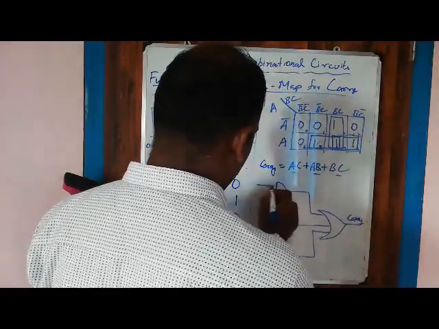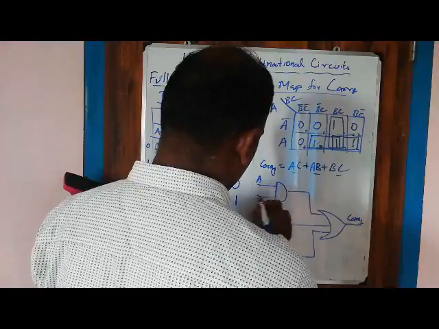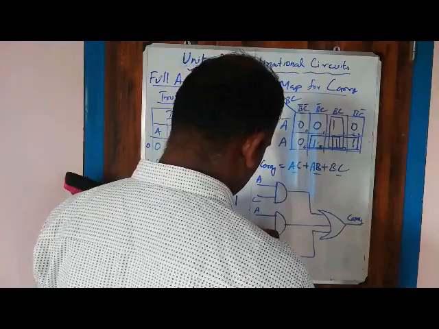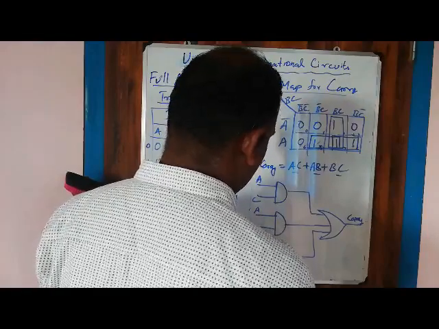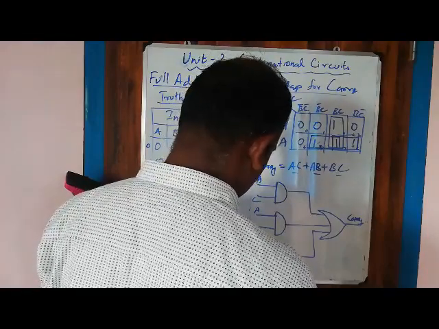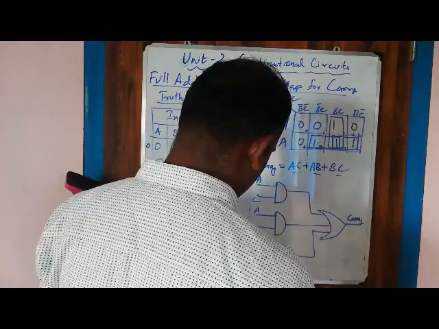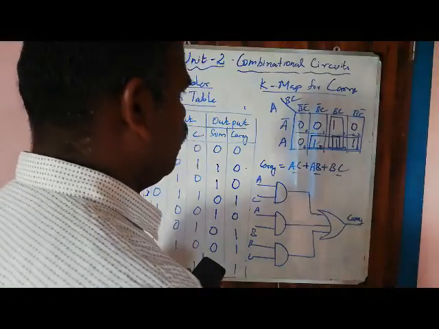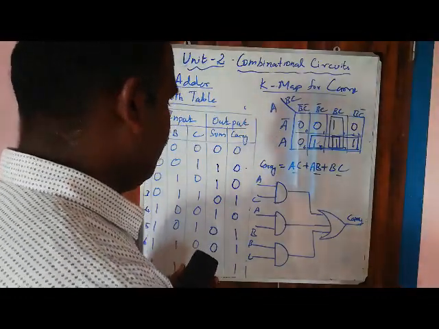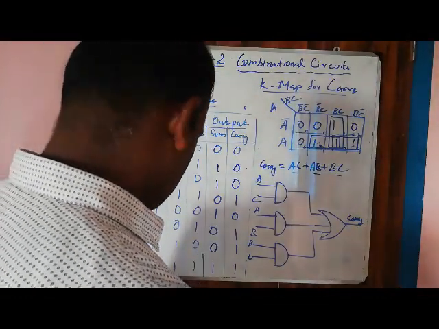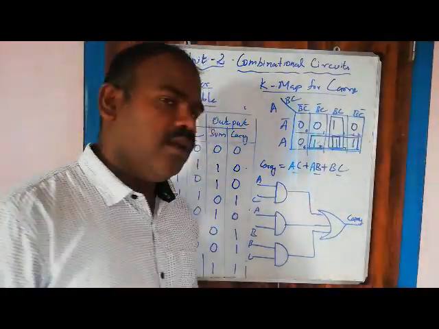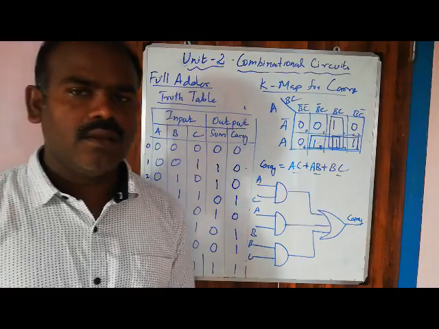The inputs are A, C, then A, B, then B, C. This is the carry output. Okay. Next we will see the subtractor circuit in the next class. Thank you.